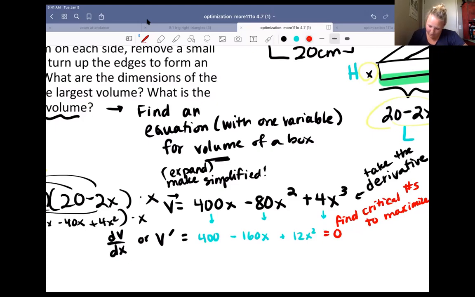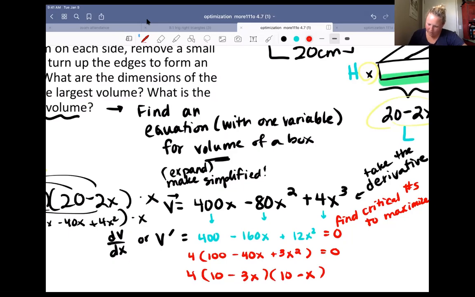But this one actually, if you pull a 4 out, this ends up factoring into something like that. Or if you wanted to rewrite it like 3x squared minus 40x plus 100, maybe your brain processes factoring that way better. I know mine does. I think they're both minus, yeah.